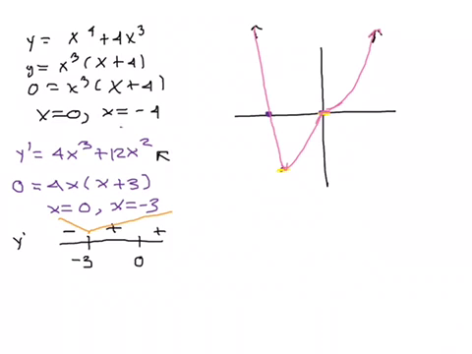According to our sign chart, we should have a minimum at -3. And guess what? Right there at the point -3, -27, we have a minimum value. So that's correct. Our graph for that is correct.